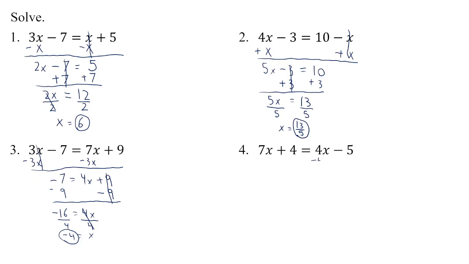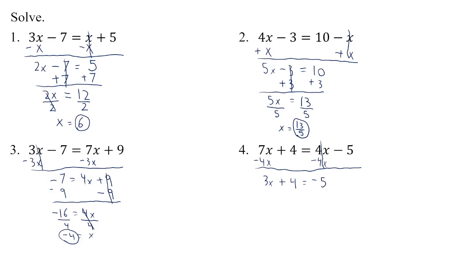Therefore, we subtract 4x from this side and this side. 7x minus 4x is 3x. Bring down your plus 4 and bring down your negative 5.